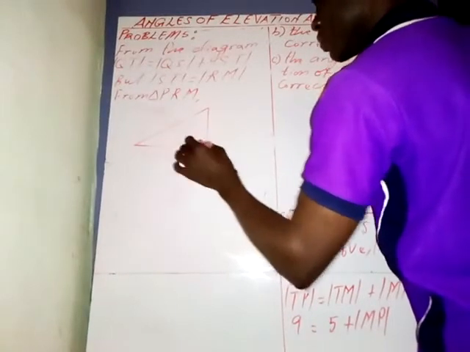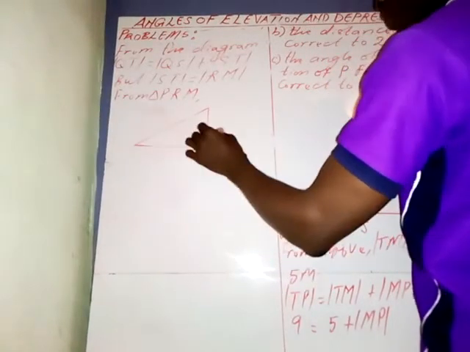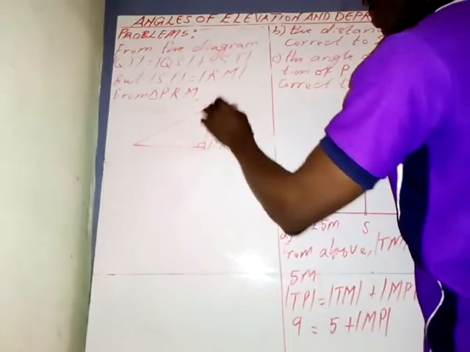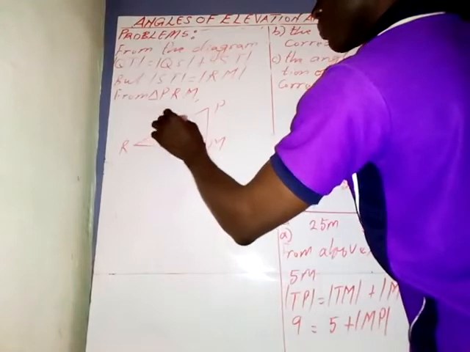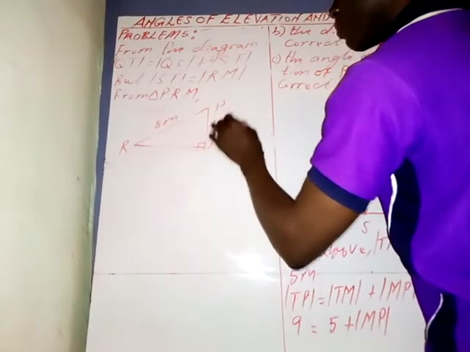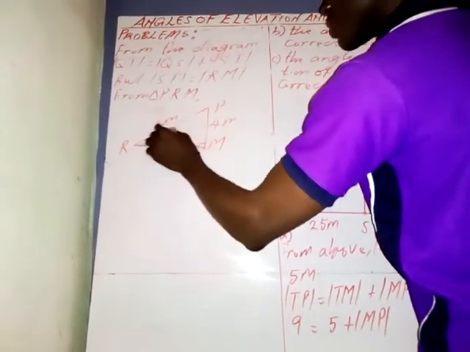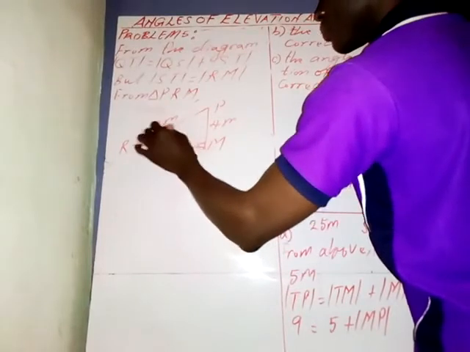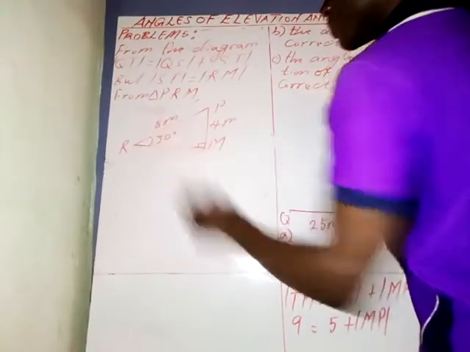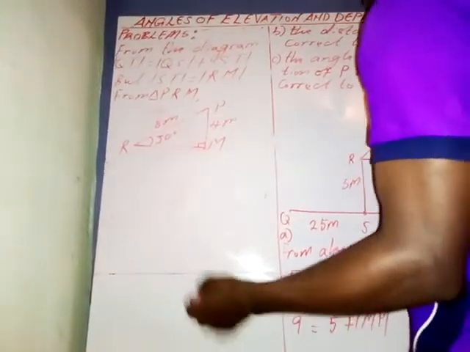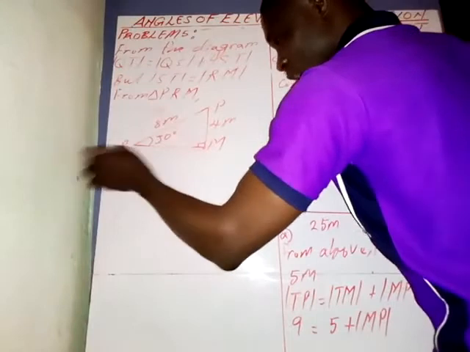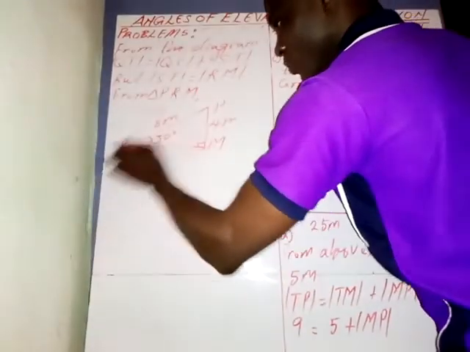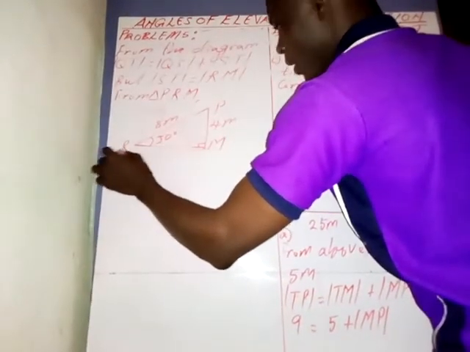Here we have M. This is P, and this is R. So we know that this is 8 meters, and this is 4 meters. And here is angle 30 degrees. Looking at what we have here, I can use Pythagoras theorem to get the value of RM.